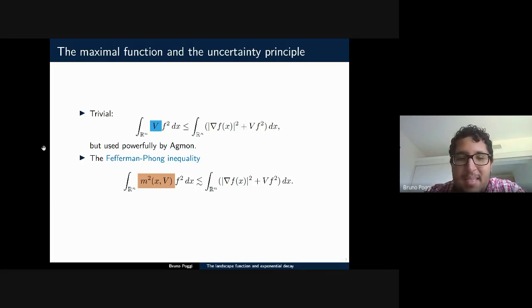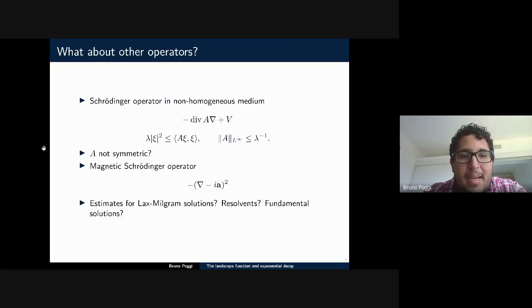So now, Shen did this for the operator minus Laplacian plus V. But now you can easily ask if you can do this for other operators, like the Schrödinger operators in non-homogeneous media, which are of the form minus divergence of A gradient plus V, where A is a not necessarily symmetric elliptic matrix of bounded measurable coefficients.